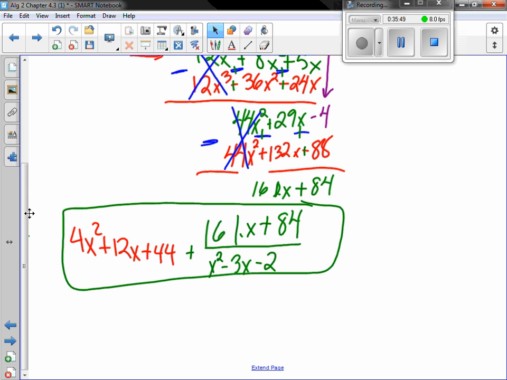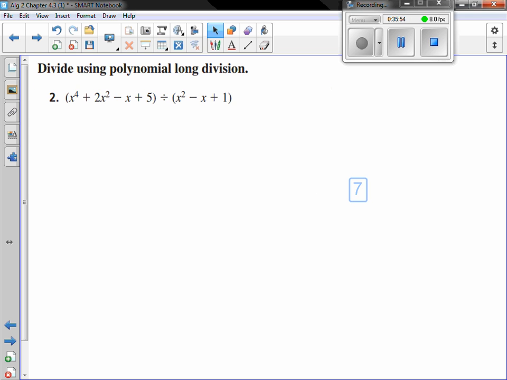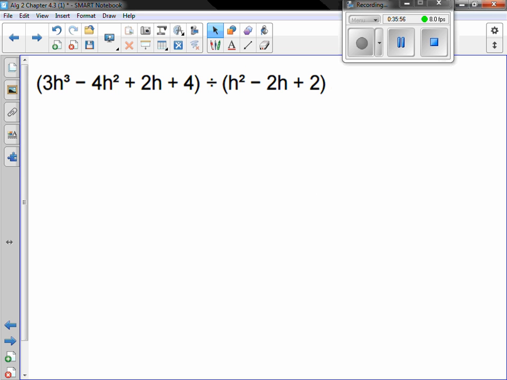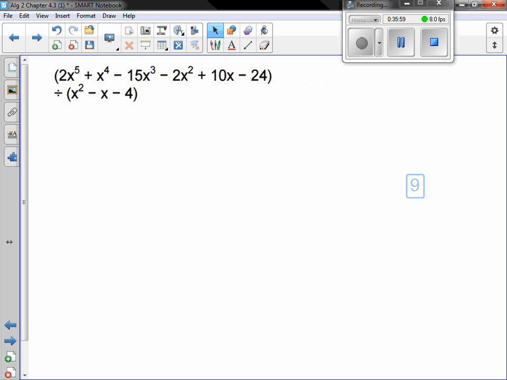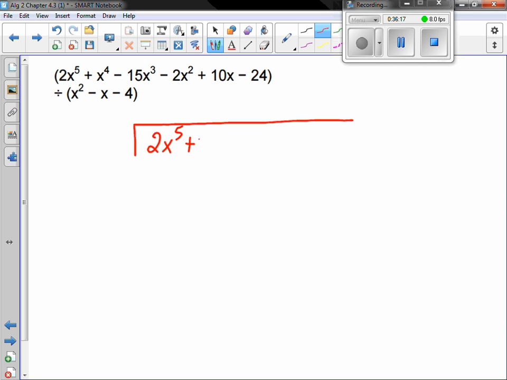Any questions on this division here, using long division? Let's see, what do we have left? Let's finish it off with this one here. This one will be the last one we do. We don't have to add any zeros this time.